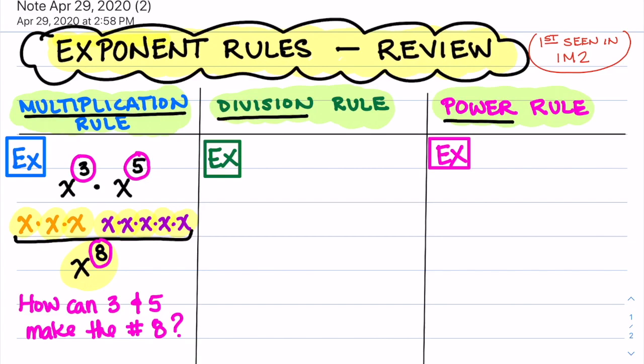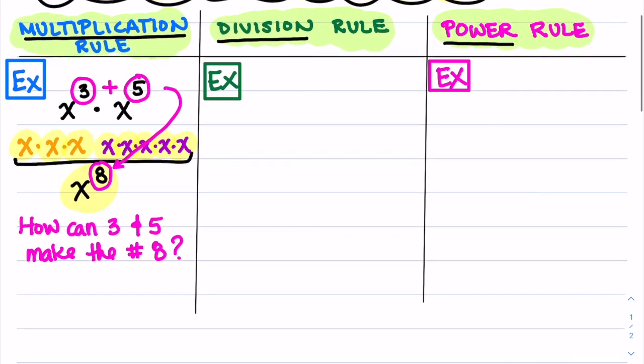Could multiplication lead me to the answer? Could division lead me to the answer? And I think most of you will be able to see that if I just added those two numbers, then I would be able to get 8 very easily. So we could say x to the third times x to the fifth is x to the 3 plus 5, which would give you the value 8.